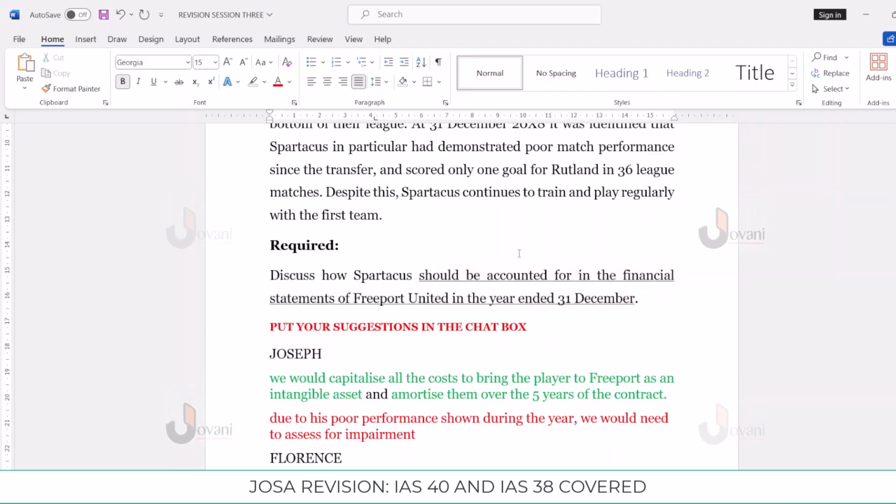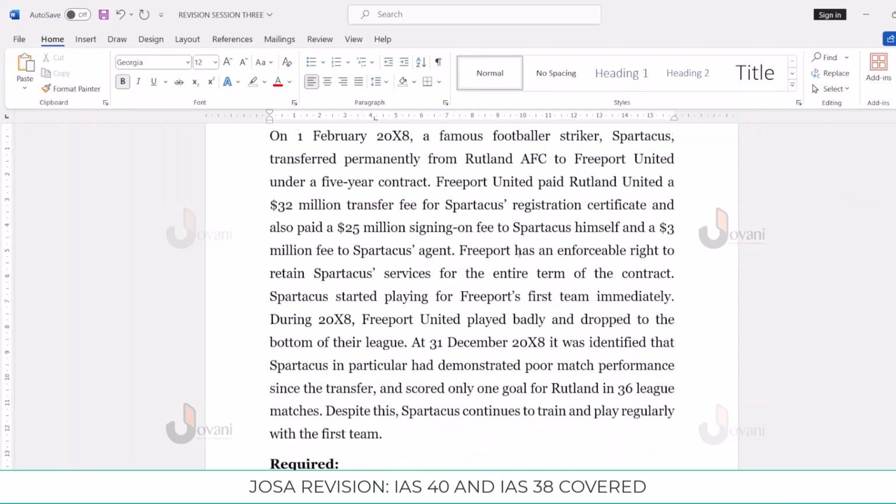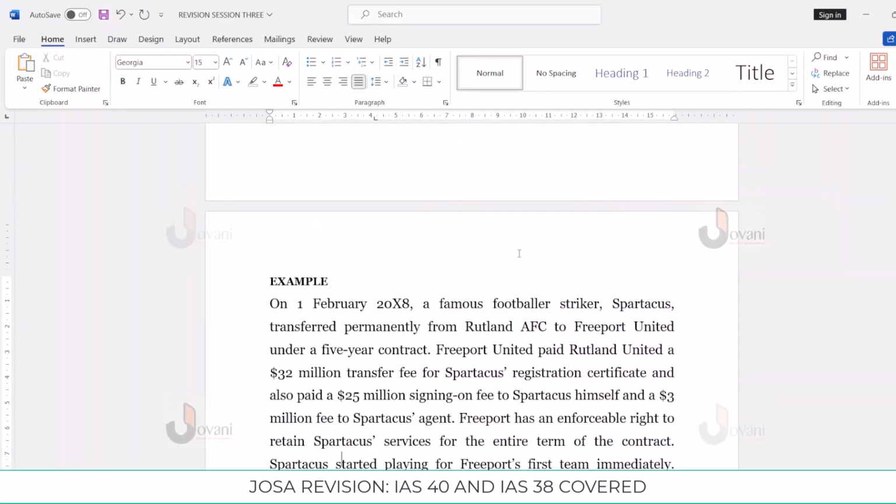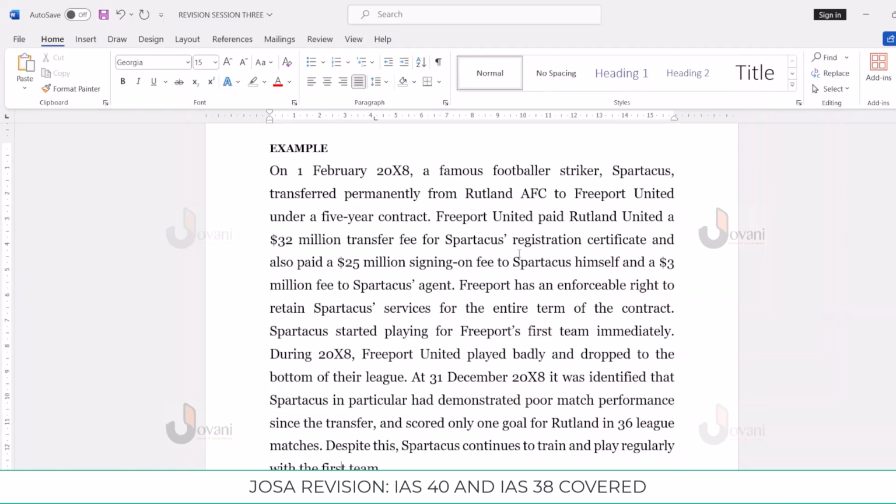Perfect. Do not talk about the conceptual framework unless you fail to identify the standard. You get it? But for this question, the standards that should be applied are clear. What you should know is we give priority to the standard. Even where you think there is contradiction between the standard and the conceptual framework, the standard wins.